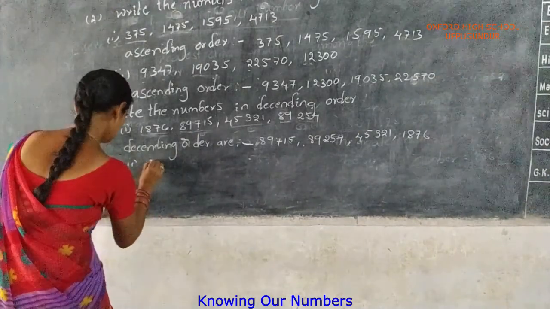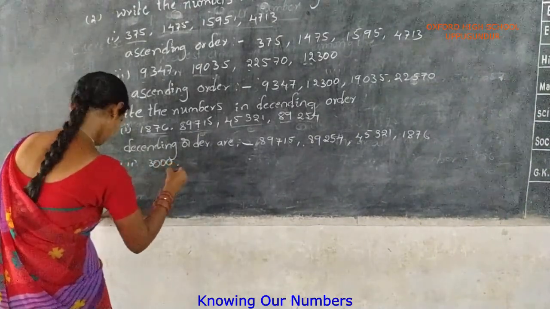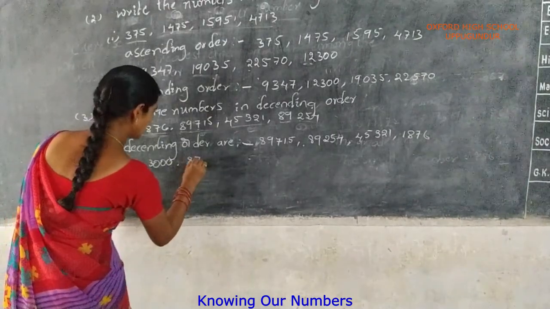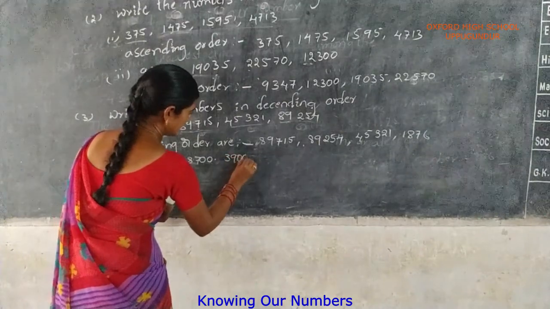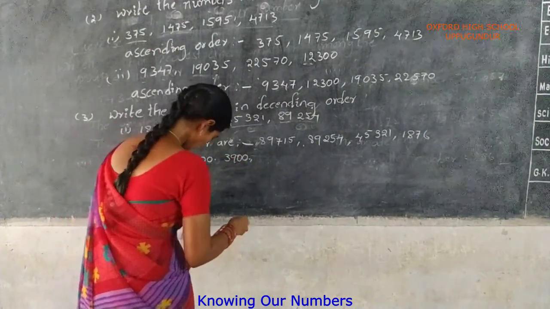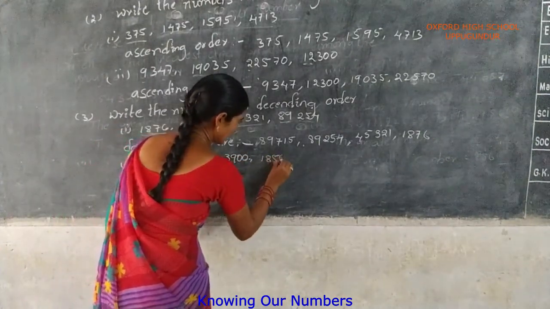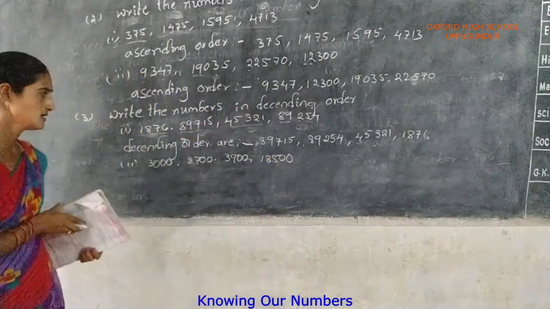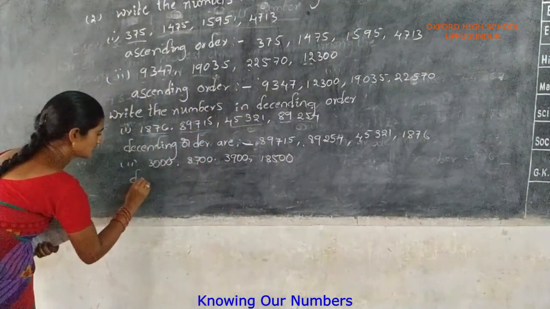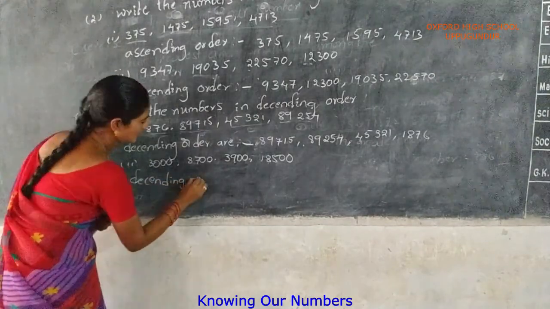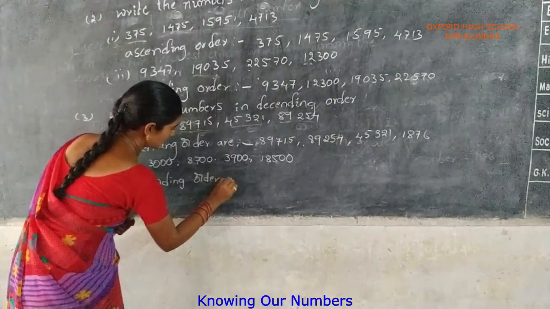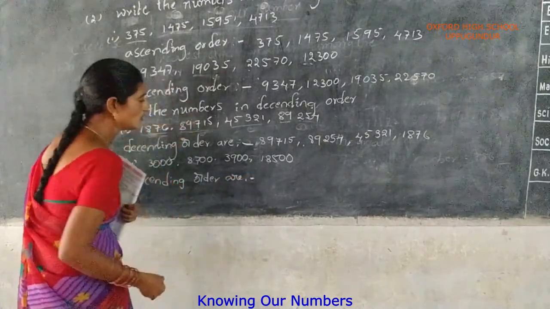3,000, 8,700, 3,900, 18,500. Next, descending order. Descending order is big to small.